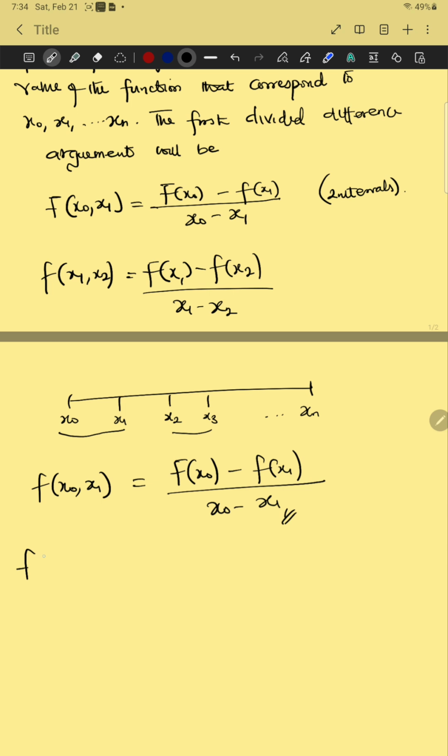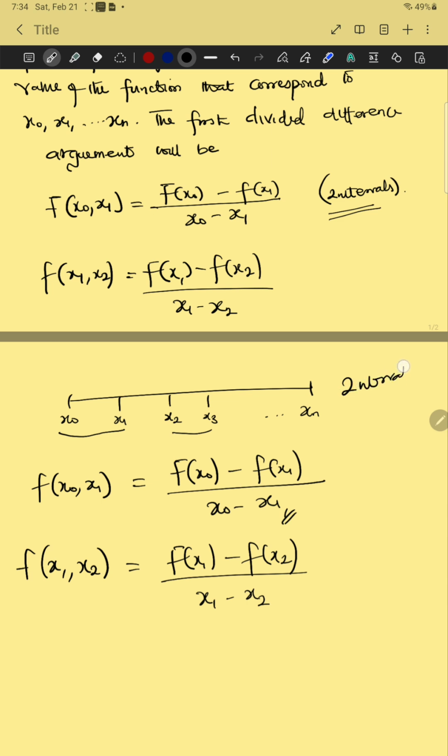Let's look at another interval. If we say x1 comma x2, our answer will be f of x1 minus f of x2 divided by x1 minus x2. So as you take two points on the number line, this is what you're going to have.